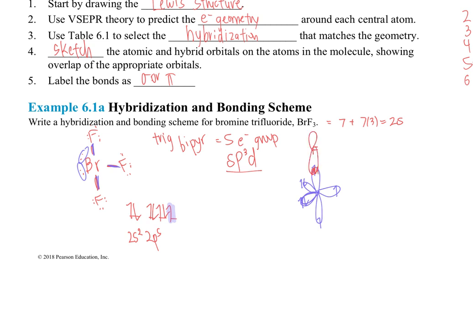So there's a sigma bond. Here's this fluorine. It's going to have another p orbital there. And then here's a fluorine here, another p orbital there. So we can label these bonds here as sigma bonds, right, direct overlap, between the bromine's sp3d hybridized orbital and the fluorine's p orbital.